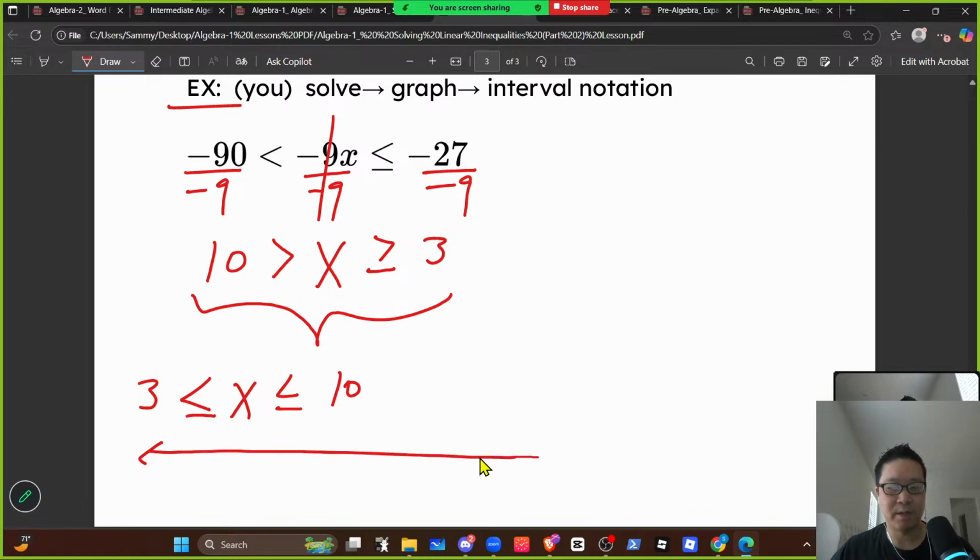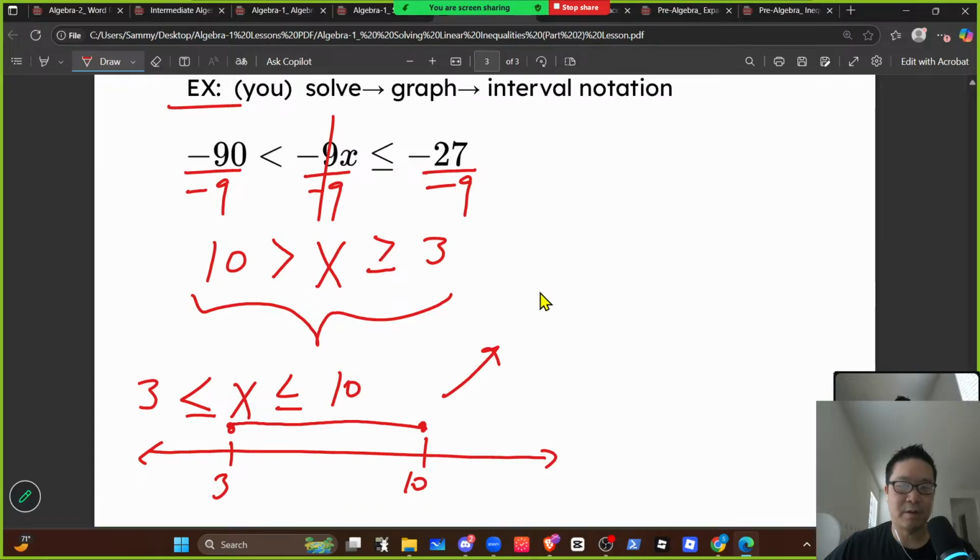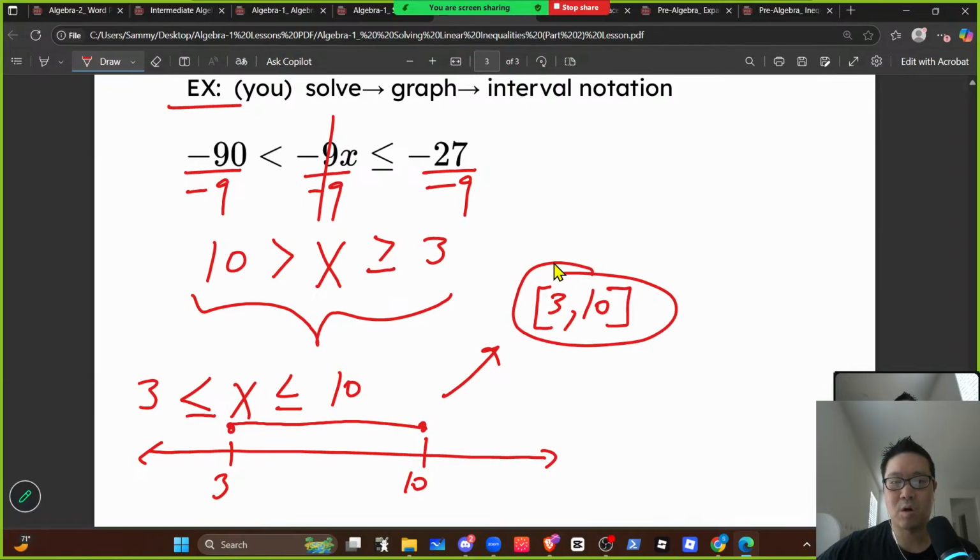So on the number line, you have 3, 10, closed circles because they're non-strict inequalities. And it's going to be all numbers between 3 and 10, including 3 and 10. And in interval notation it's square brackets, 3 and 10. Is this what you got? Yeah. Okay, good job.